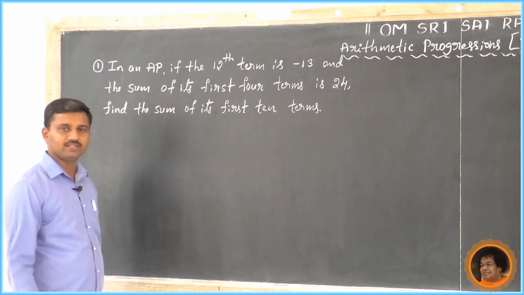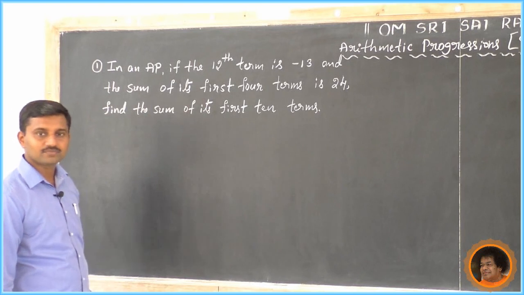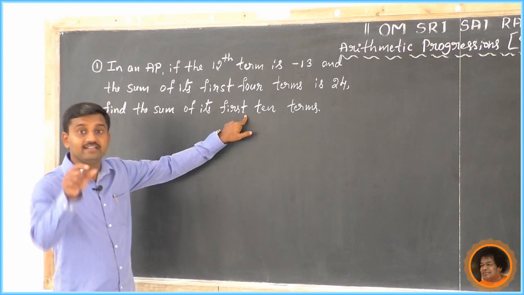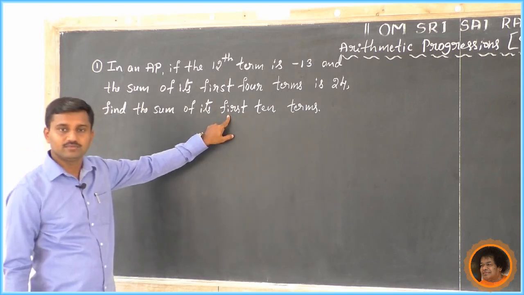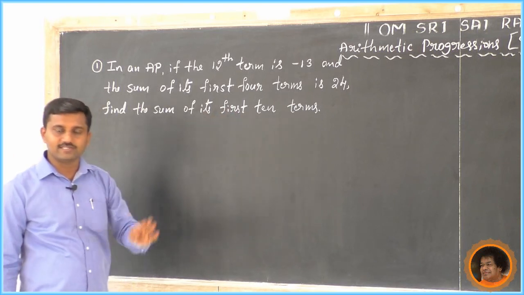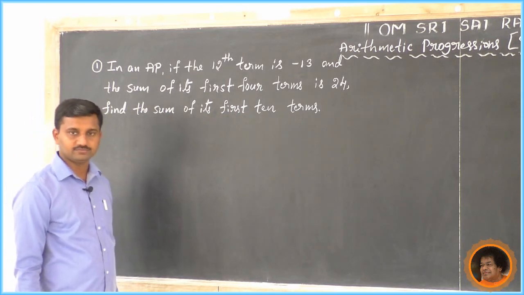So what is the question given? Understand the question clearly. We have to find the sum of its first 10 terms. How to find the sum of the 10 terms? Here n equal to 10, by using the formula Sn equal to n by 2 into 2a plus n minus 1 into d.